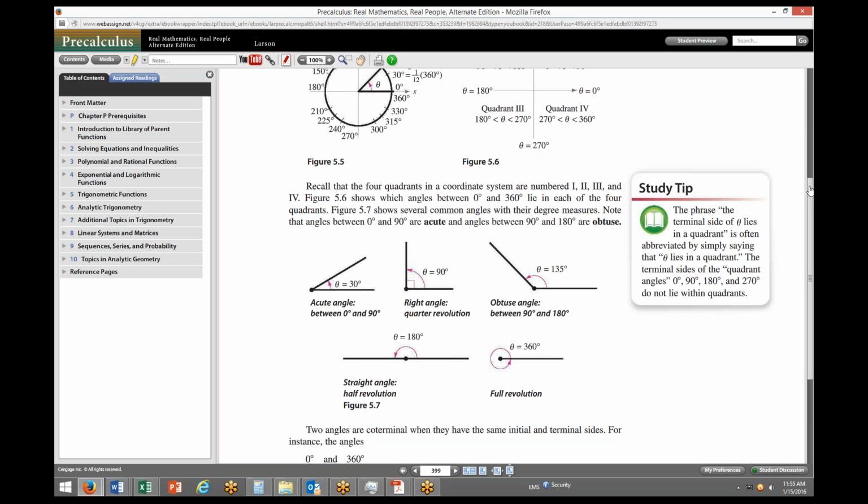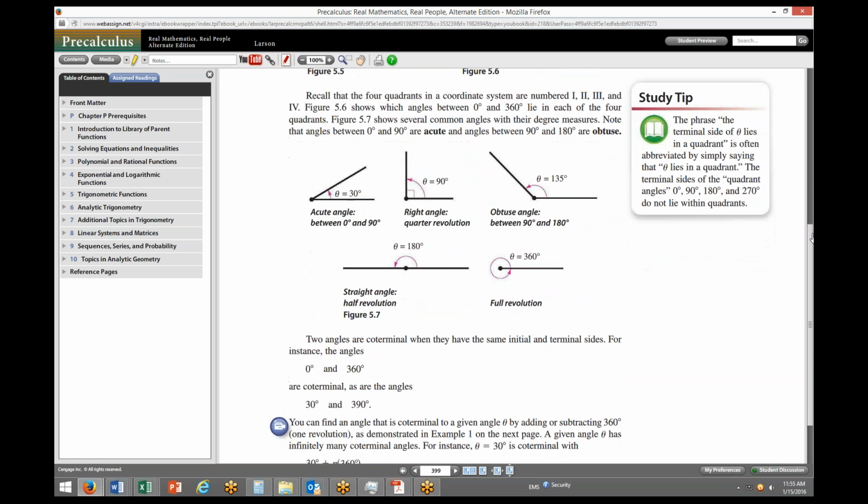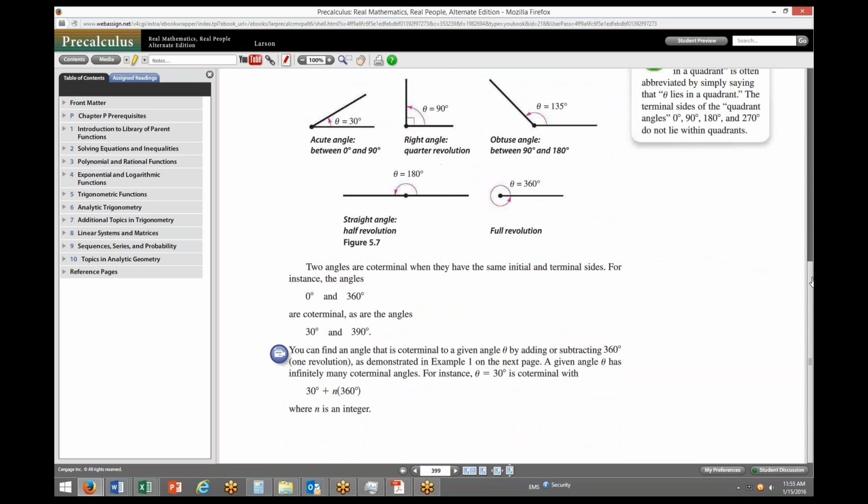I don't believe your text or your homework problems will actually get into reflex angles, but I just want you to know that. So, as we said earlier, two angles are coterminal if they have the same initial and terminal sides, like 0 and 360, or 30 and 390, or 60 and 420, or whatever.